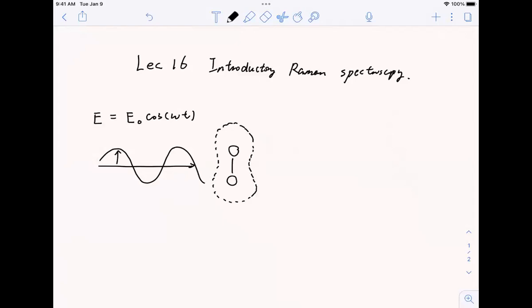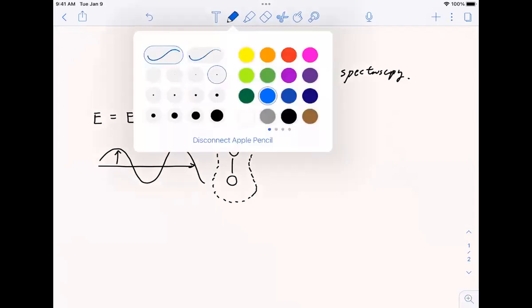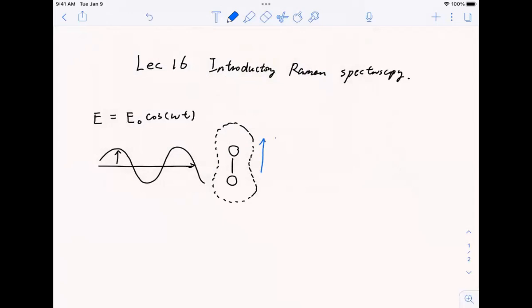If you apply an electric field here, then certainly the electric field will push the electrons toward one end.